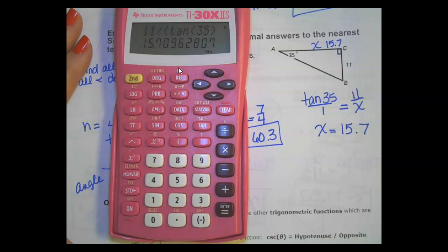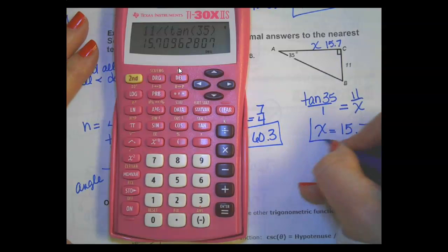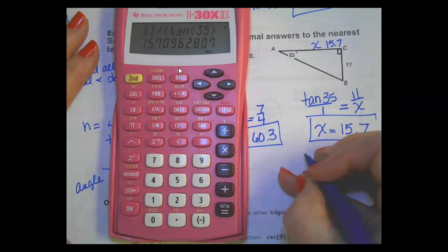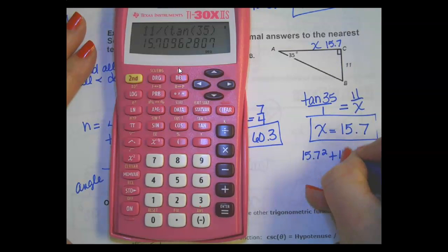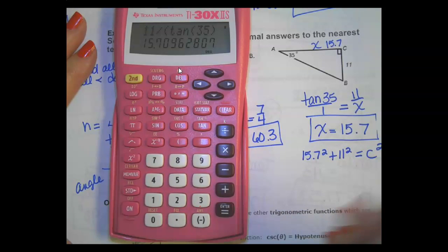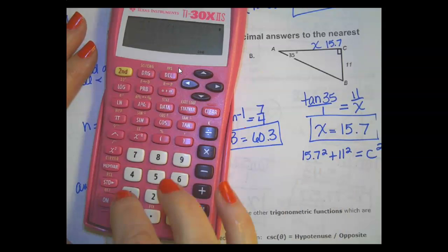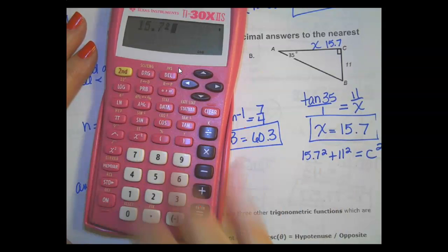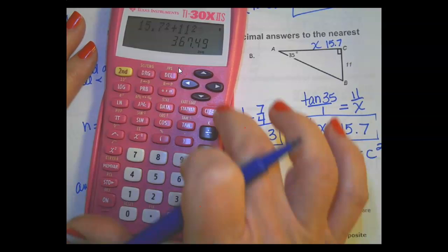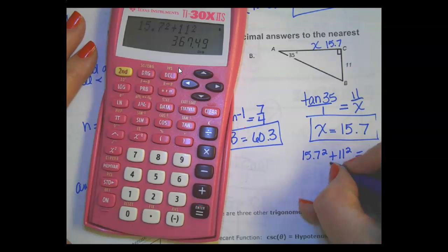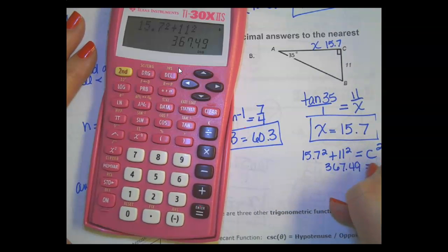Okay, so we still need to find our hypotenuse. So we can go 15.7 squared plus 11 squared equals c squared. So 15.7 squared plus 11 squared equals 367.49.